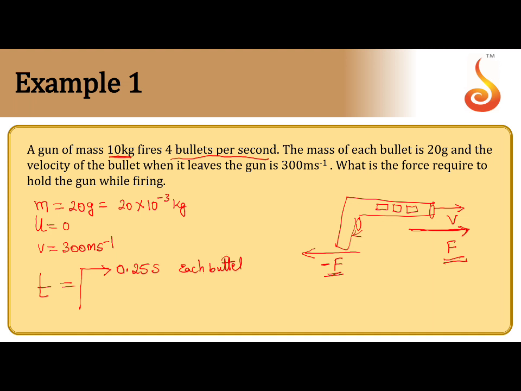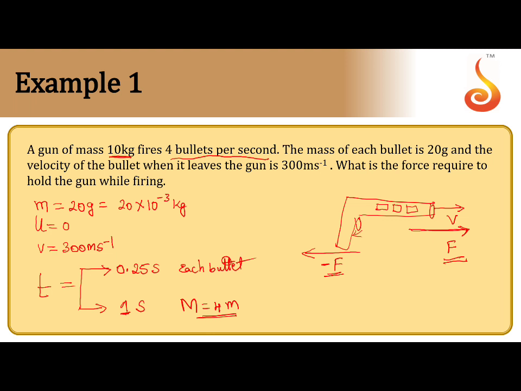So you take one bullet and time as 0.25, or take time as 1 second, mass to be equal to 4 times the mass of each bullet. So in a time equal to 1 second, 4 bullets are triggered out.